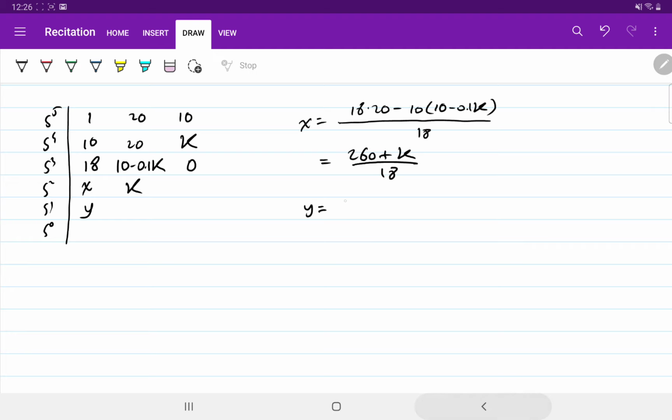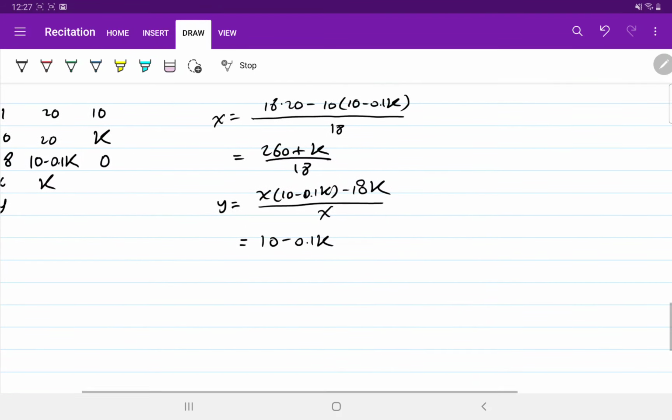Y is x times (10 minus 0.1k) minus 18k over x. It is equal to 10 minus 0.1k, because x cancels, minus 18 squared k over 260 plus k.